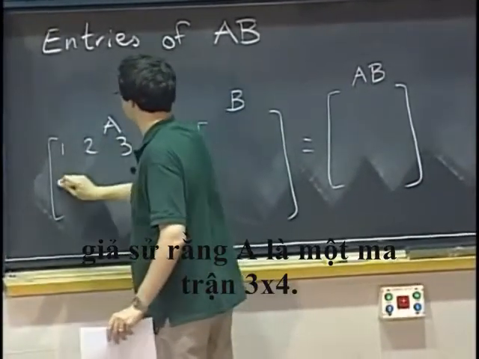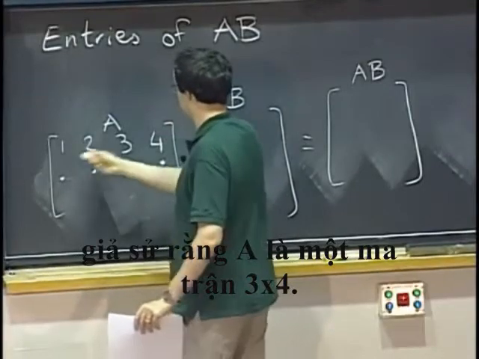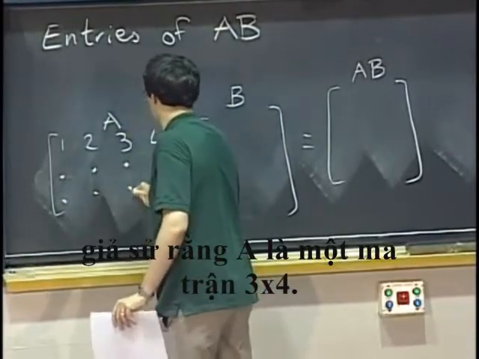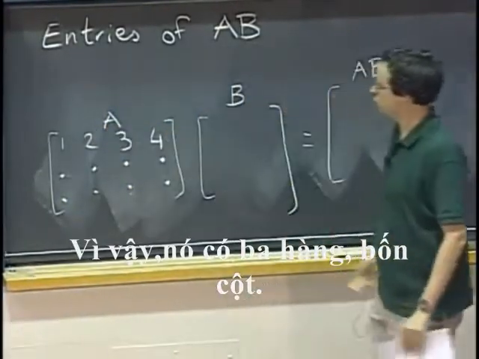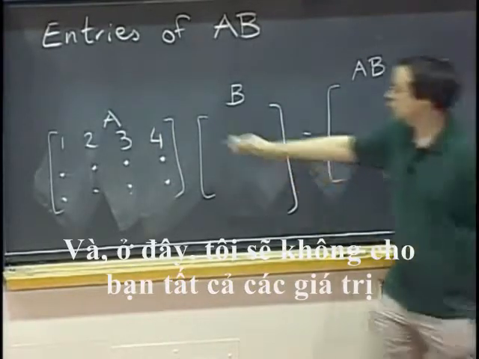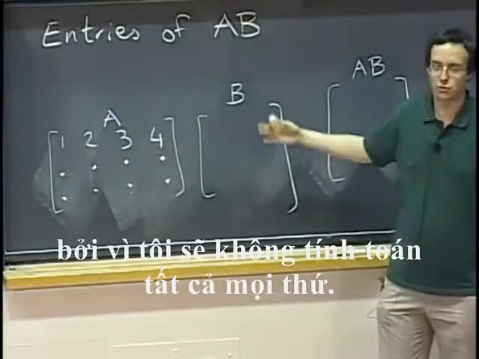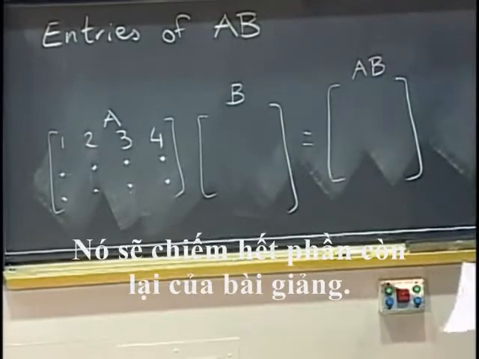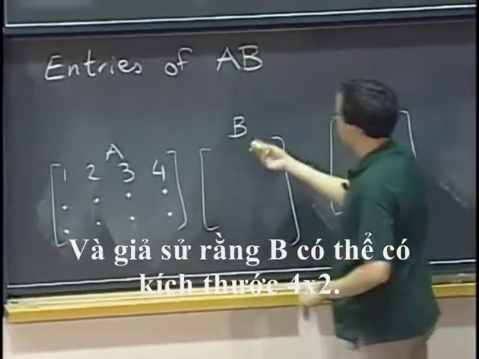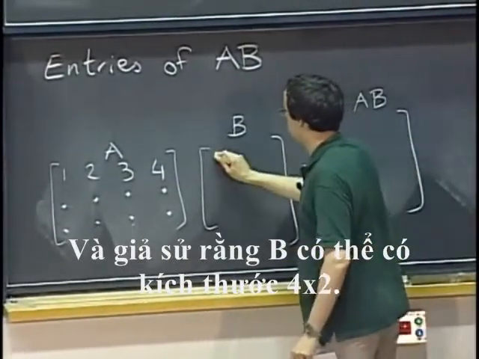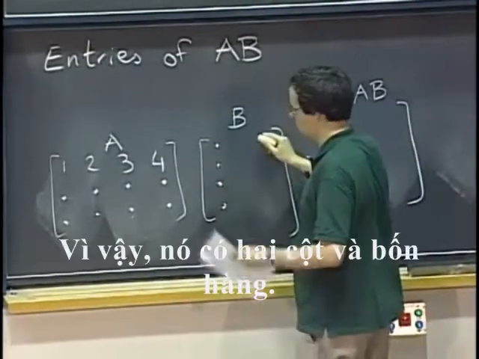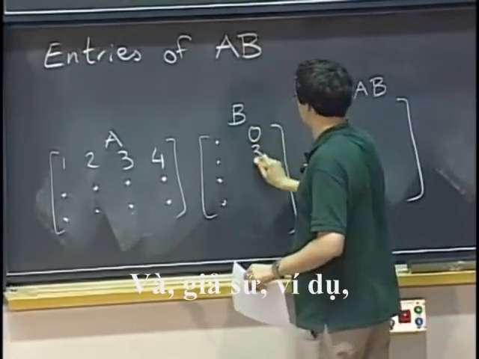Let's say that A is a 3 by 4 matrix. So it has 3 rows, 4 columns. And here I'm not going to give you the values because I'm not going to compute everything. It would take the rest of the lecture. And let's say that B is maybe size 4 by 2. So it has 2 columns and 4 rows.